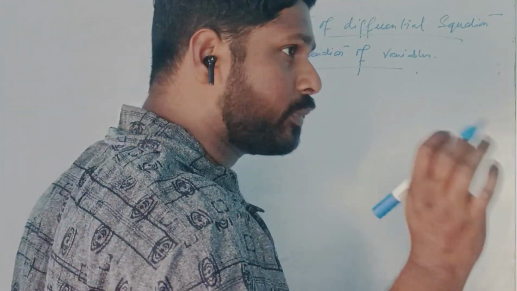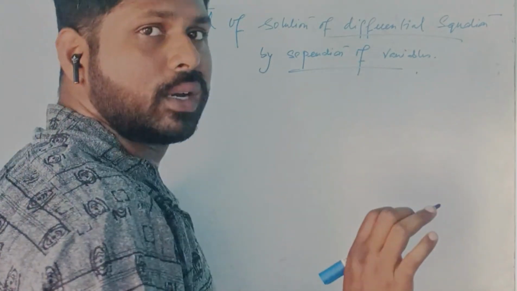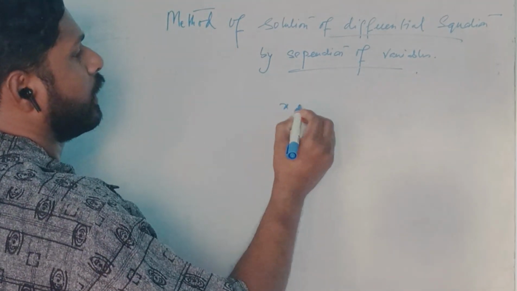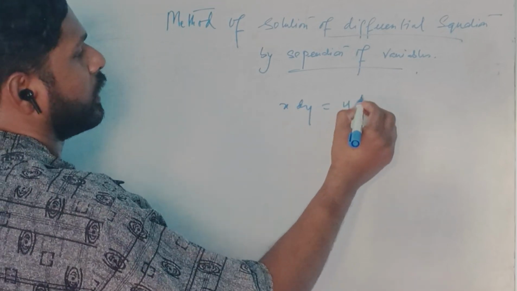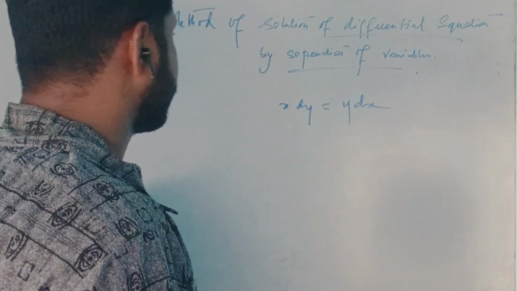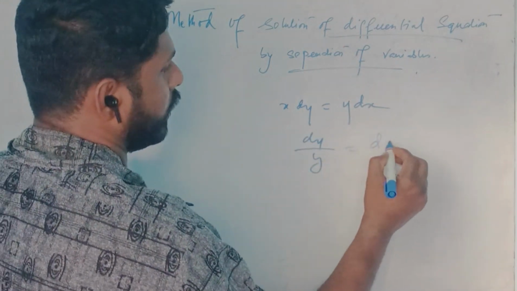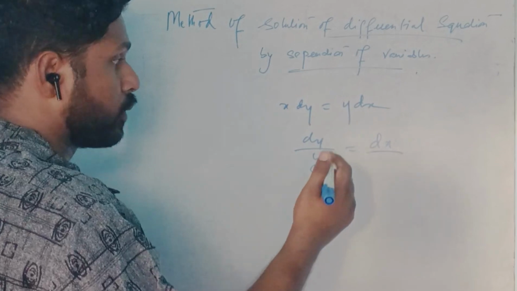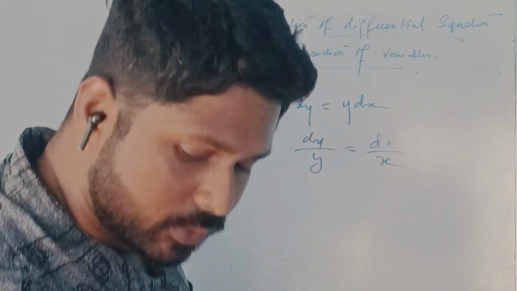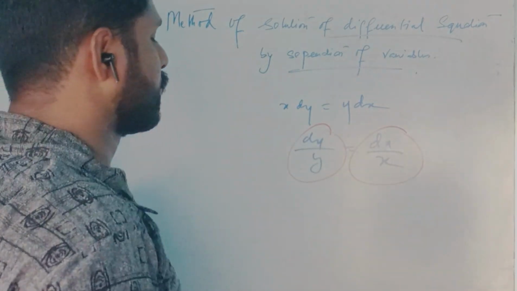So there is a differential equation. Let me say it is x dy equals y dx, right? So what we can do is shift y to the left side and shift x to the right side. Hence, what we are getting is dy by y and dx by x.